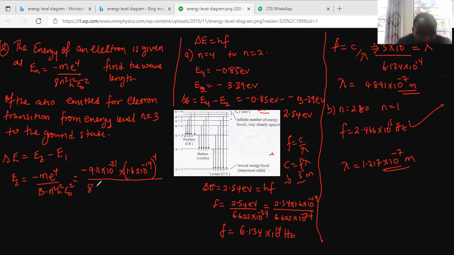Divide by 8 times n squared. n now is 3, so this is 3 squared times Planck's constant, 6.63 times 10 power negative 34, also squared. Also divided by epsilon, 8.85 times 10 to the power negative 12, and this epsilon is also squared. Press your calculator and confirm the answer.